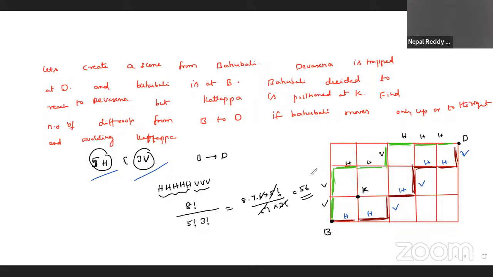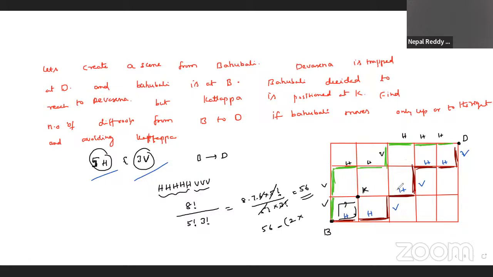But here one condition is there. The person should not move along the position of Kattappa, so you have to remove those ways. There are 2 ways from B to K. This way and this way you have to reject. So 56 minus 2 times: first, Bahubali to Kattappa, there are 2 ways.